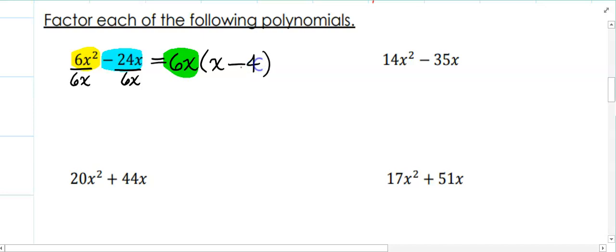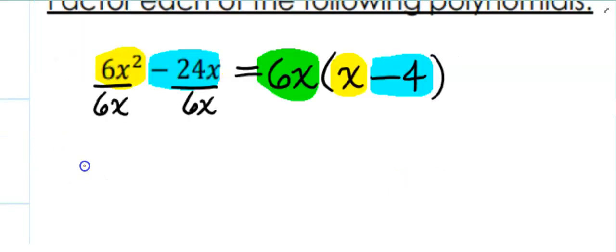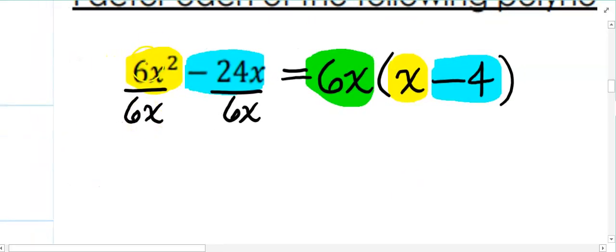Negative 4. So x is remaining from my first term. Negative 4 remains from my second term. Again, if you look at canceling out by dividing by the greatest common factor, you'll see that you're left with x for the yellow term and negative 4 for the blue term.